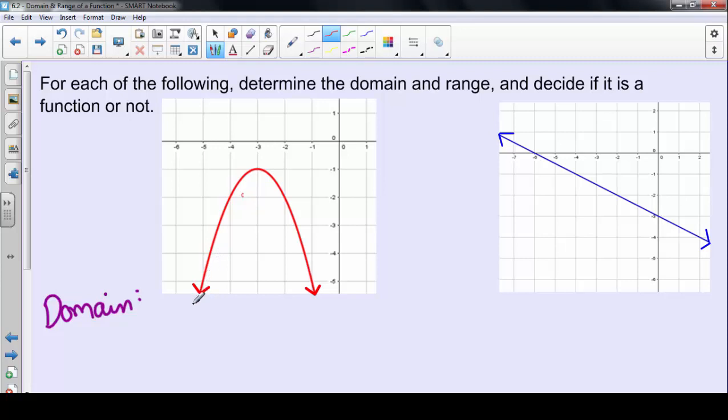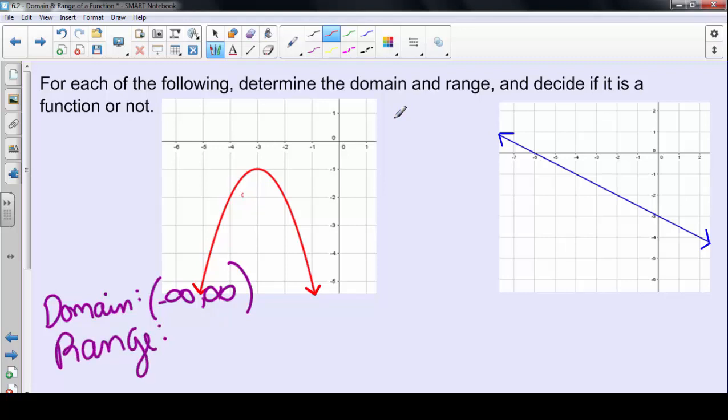So eventually this side's going to hit all of our negative x values, and this side's eventually going to hit all of our positive x values. It's going to take a long time, but eventually it does get there. So it goes on forever in both directions.